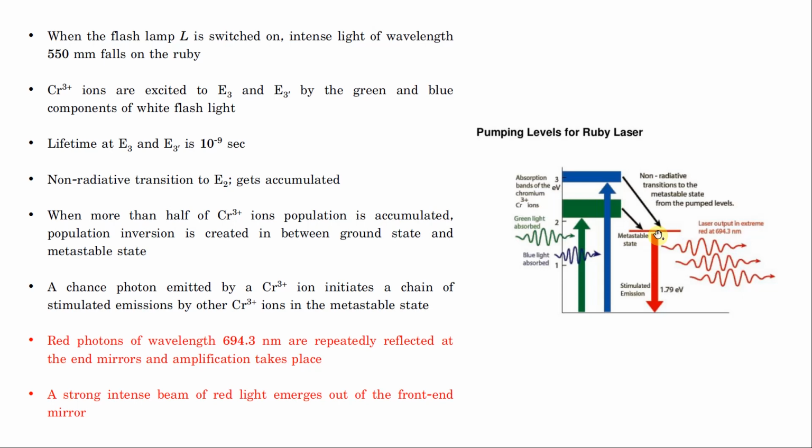Once population inversion is achieved, stimulated emission can take place. The next step is that a random photon is emitted by a chromium ion, and that initiates a chain of stimulated emissions. Stimulated emission, as we already discussed in the previous lecture, occurs when a random or chance photon initiates it.